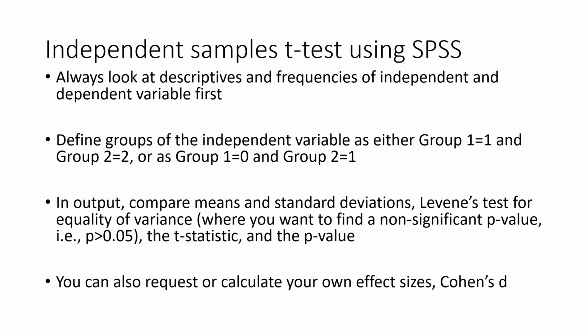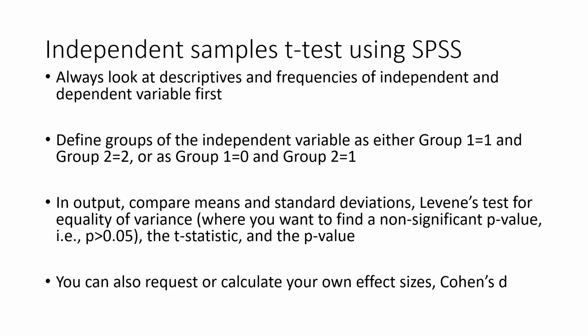You'll recall that we talked about one of the assumptions of the independent samples t-test is that the distributions across the two groups have roughly equal spread of scores, roughly equal variances. So you request a Levene's test that will tell you whether or not you have achieved equality of variance. And in this particular case, what you want to find with your Levene's test is a non-significant p-value. That is to say, a p-value that is greater than 0.05.